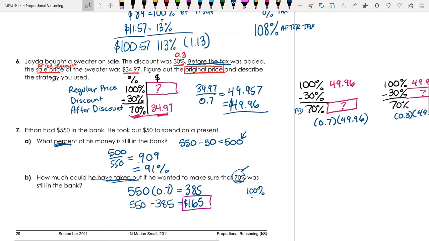He wants to make sure there's 70% left at the end, which means he took out 30%. And we know the original amount is 550. And so to find how much he could take out, we would simply do 550 times 0.3, and we get the same answer, which is 165.